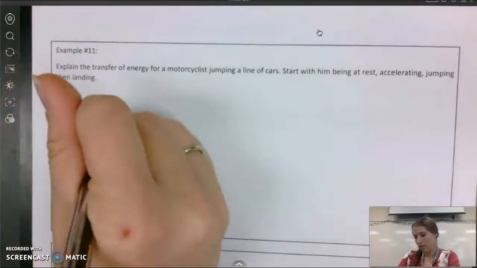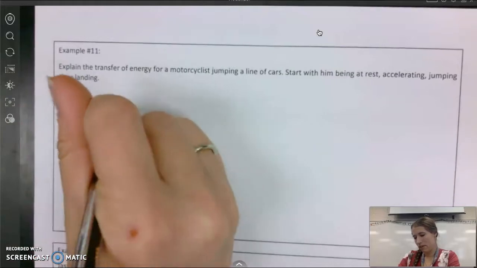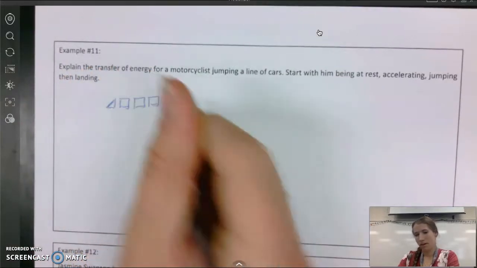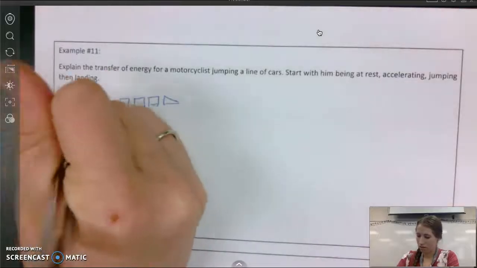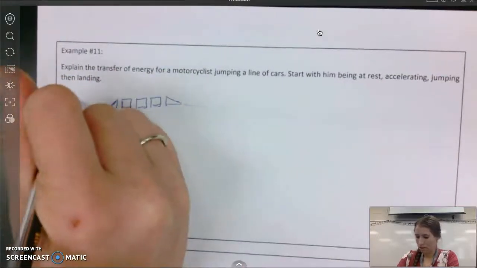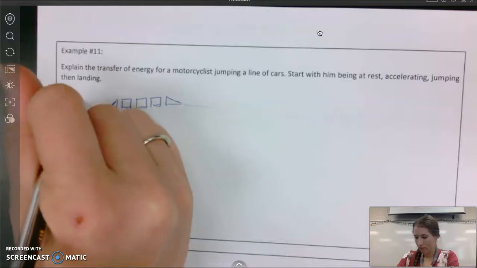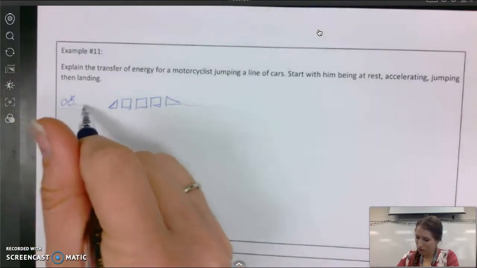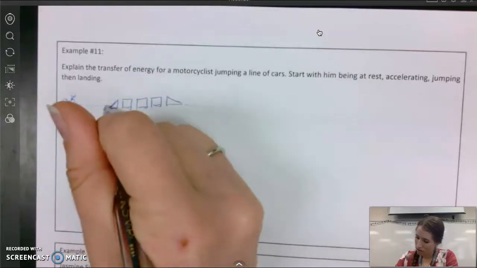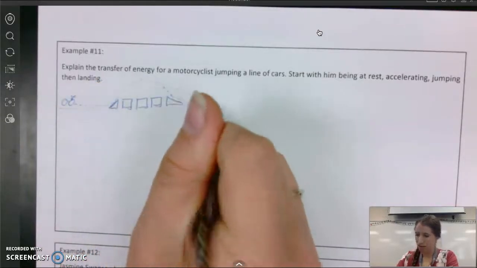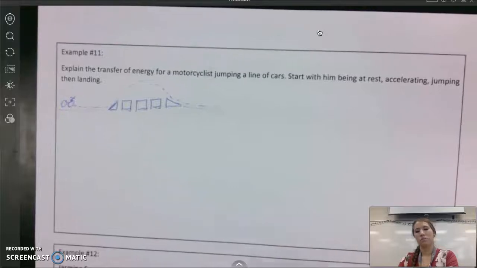So we have this line of cars. Okay, and we're going to have this motorcycle. And it's going to start from rest, it's going to accelerate, it's going to jump, it's going to come back down and land, okay? And so there's multiple different spots here that we can talk about what's happening.